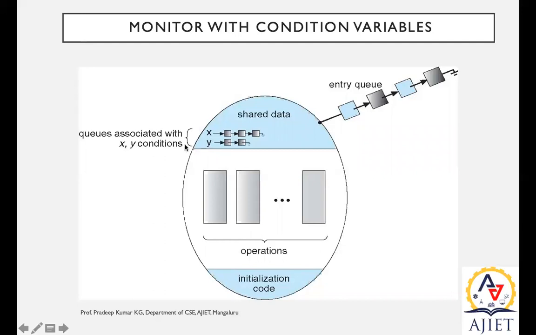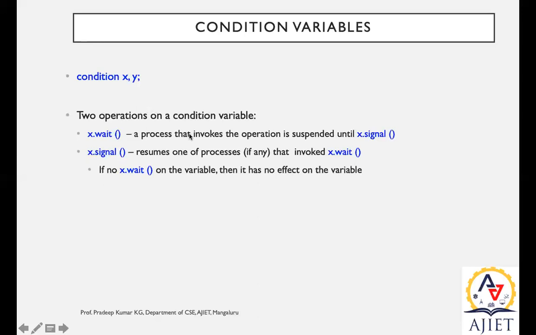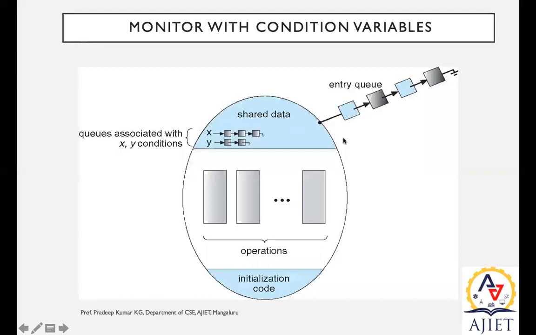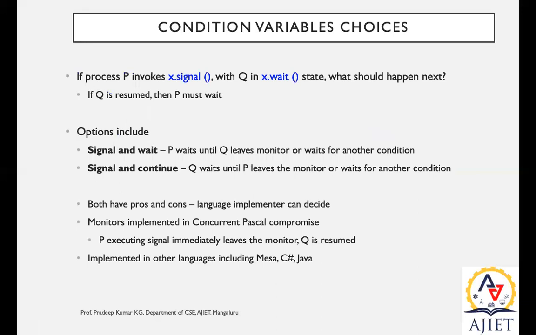Now see this diagram. Here you can see using X and Y, we are trying to retrieve data from the shared data. X is its own process that invokes the operation that is suspended until X.signal. X will keep continuing with the shared data until it encounters signal. Whenever it reaches signal, it automatically moves to the next one, that is Y, and so on. The same thing is repeated, that is the monitor with condition variables.